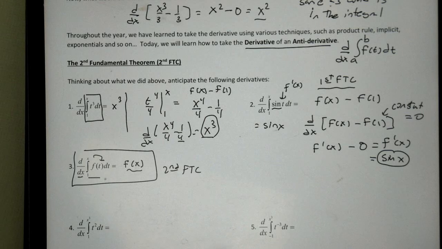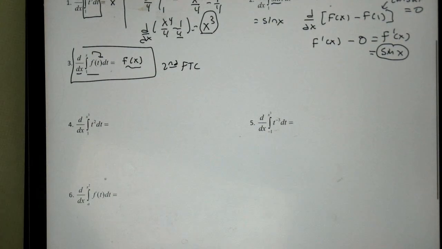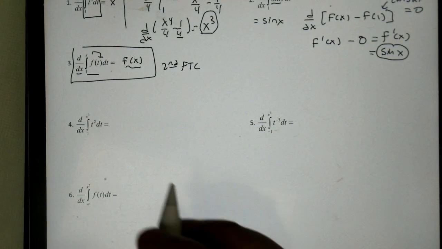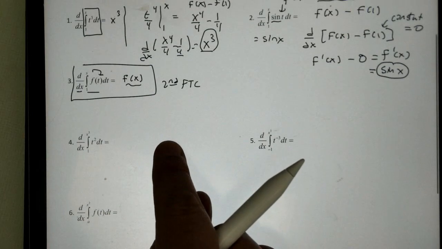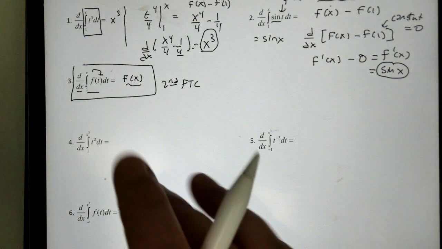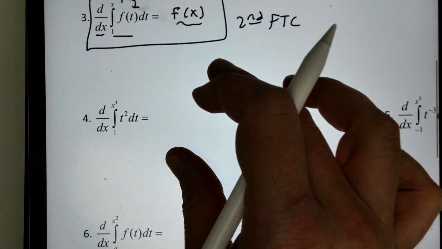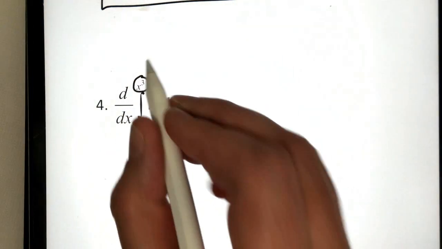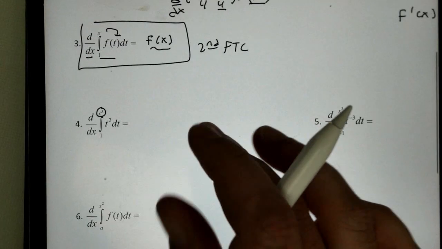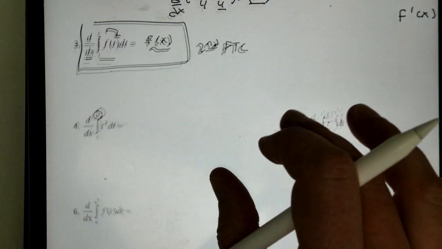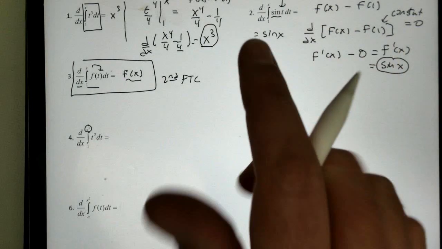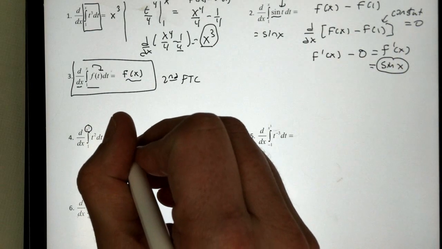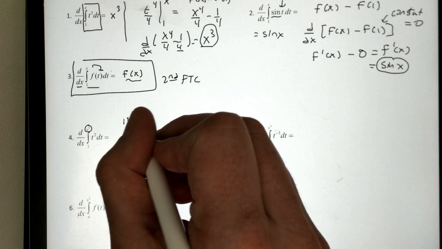So let's try a slightly more challenging one. Notice this is the exact same as the first one, except now our domain is x squared. So when I set this one up, I'm going to do the same technique I did for question number 2. I'm going to use the first FTC.